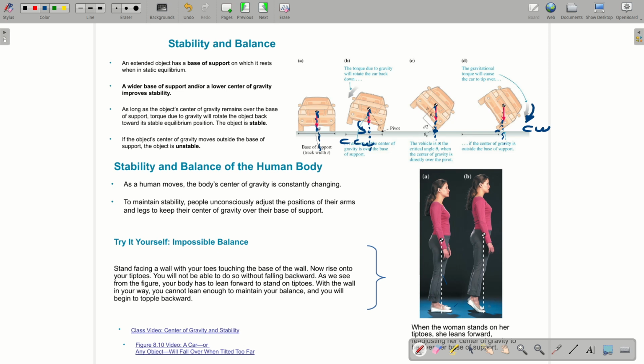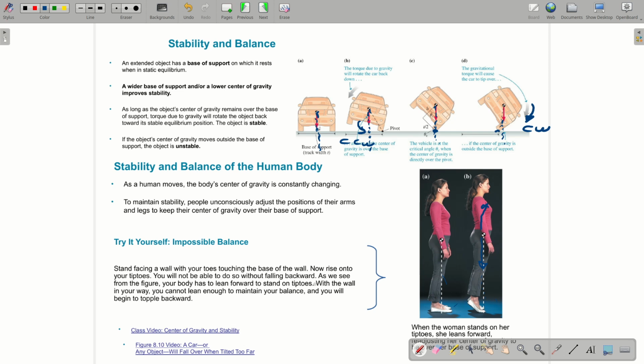If we try to stay straight when we tiptoe, we will fall backwards, which is why we lean forward a little bit to maintain our balance and make sure that the line of gravitational force applied to us, or center of gravity line, is passing through our pivot point, which is the tip of our feet now.